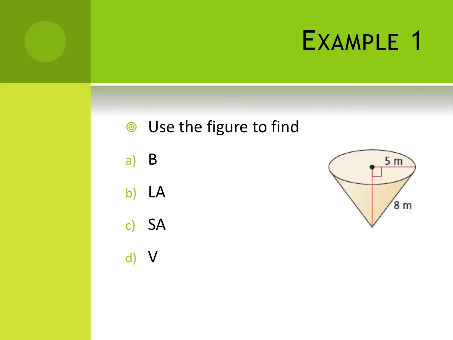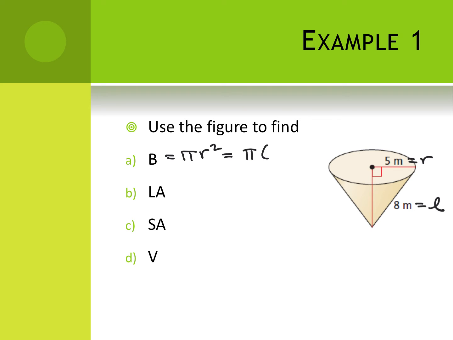So the first one, it wants me to find the area of the base. That's what the capital B represents. And again, your base shape is a circle. So we're going to do pi r squared. That's the formula for area of a circle, which is our base. My radius in this picture is the 5. The 8 in the picture is the slant height.